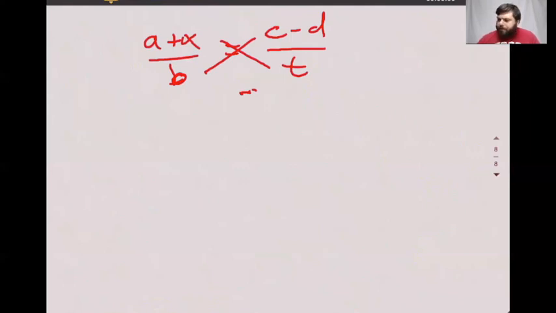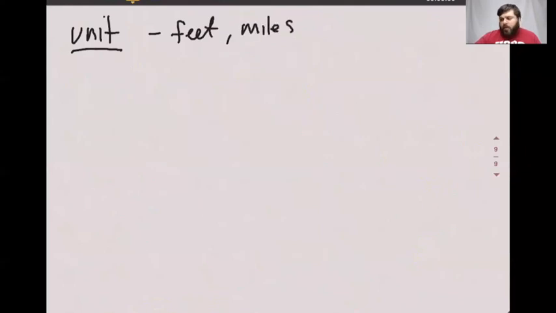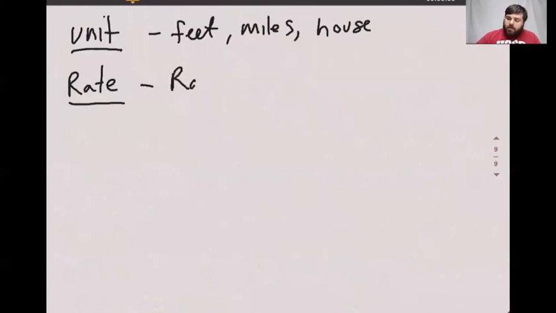All right, moving on. Let's talk about a unit, a unit of measurement. So something like feet would be a unit, or miles, or in some weird case, houses. So how many houses, right? That seems like a strange unit of measurement, but it could be. We'll see some problems like that. So a rate is a ratio, right, which is just a fraction.